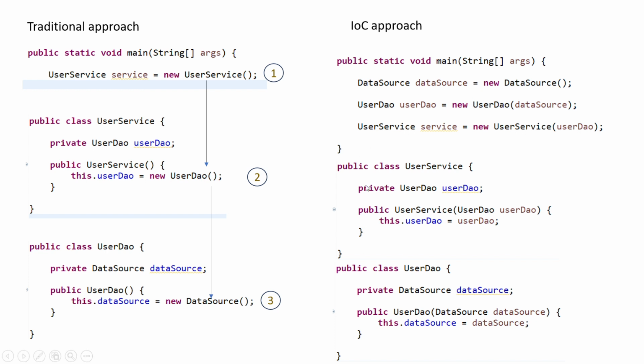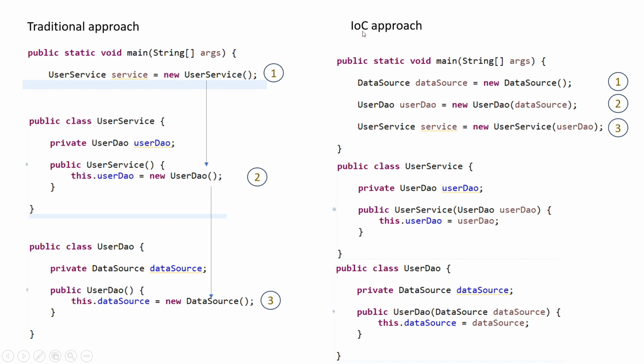If you see the traditional approach and the IoC approach, why are we calling it inversion of control? We will try to understand. Observe the order it follows.